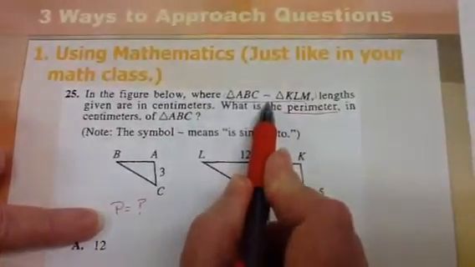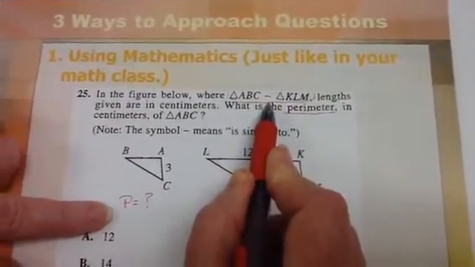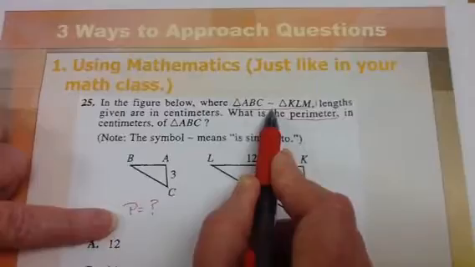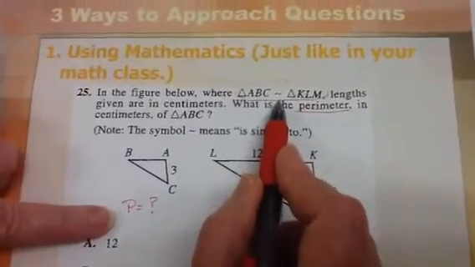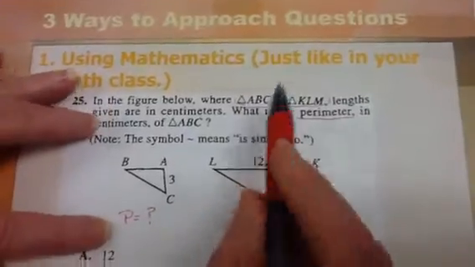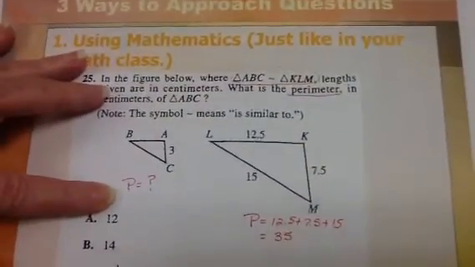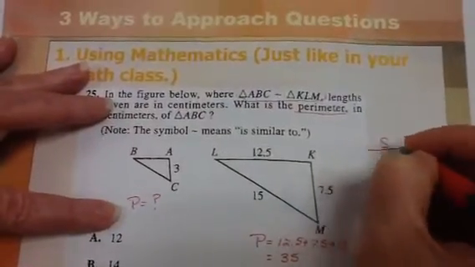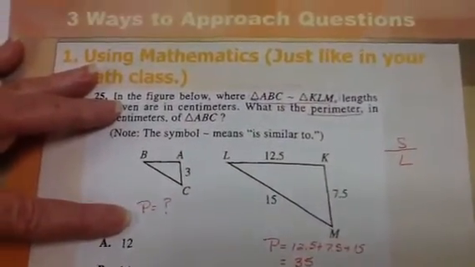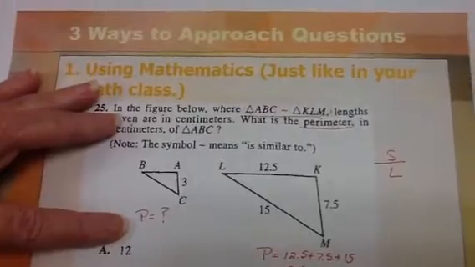The two triangles being similar has to be important information for me. And in this case, when I have similar triangles, I can set up a proportion. And if you remember, we used to work with proportions. I have to make a choice as to whether I'm going to be going small to large or large to small. I'm going to choose small to large.